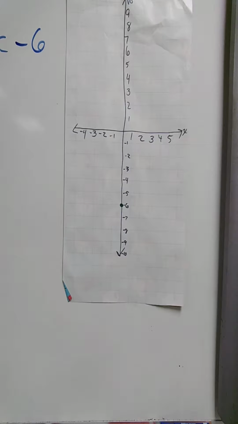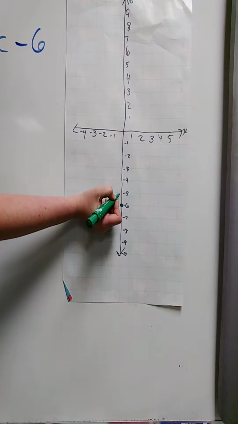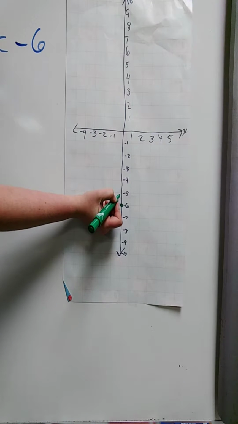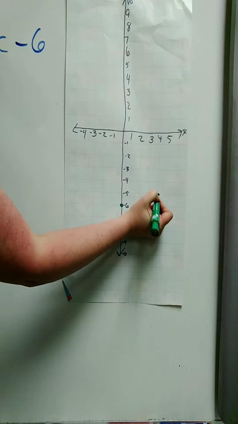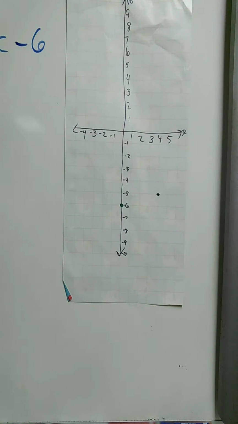So how far up divided by how far over? So if my slope is 1/4, how many times do I go up? So then I'm going to go up 1. And by over we mean to the right. How many places? 4. 1, 2, 3, 4. So I should have a point at 4, -5.